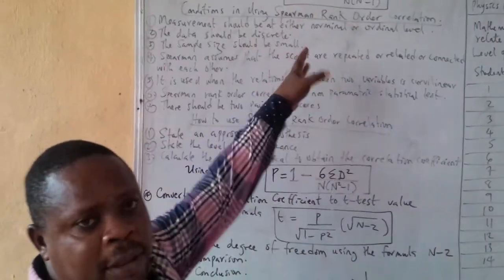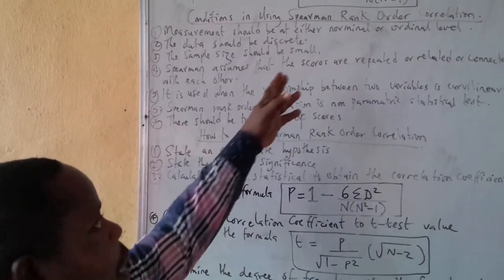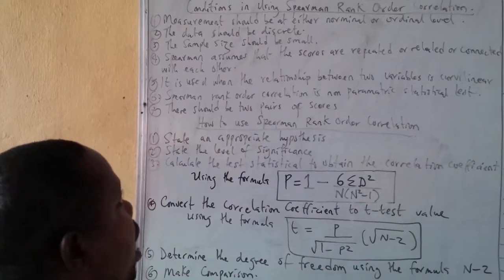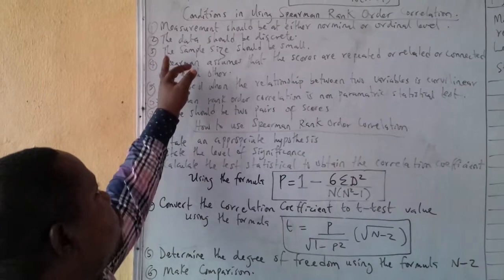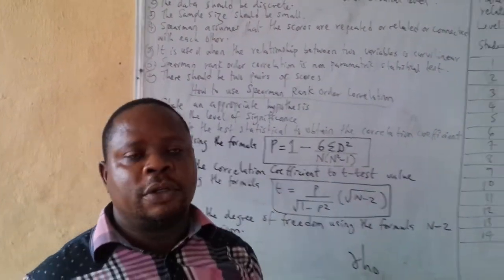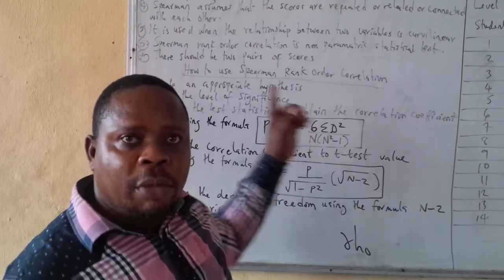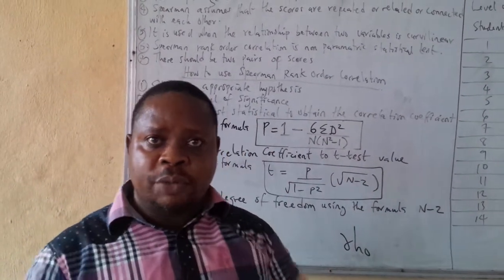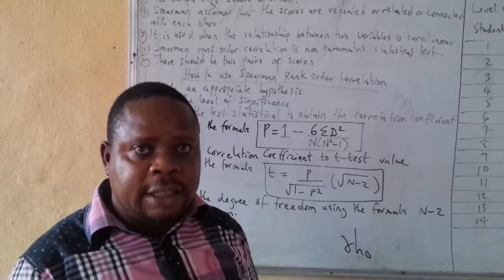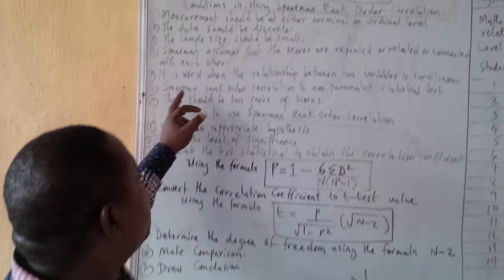But for Spearman, measurement should be at nominal or ordinal level. Number two, the data should be discrete, meaning that there should be no fraction. Using Pearson, the data should be continuous, but in Spearman, the data should be discrete, meaning that the data should appear as whole number. There should not be any fraction.